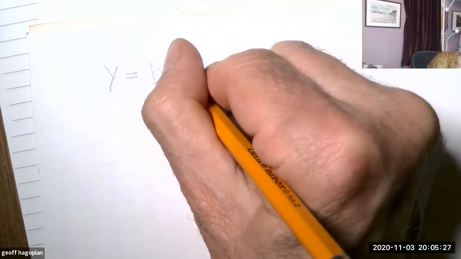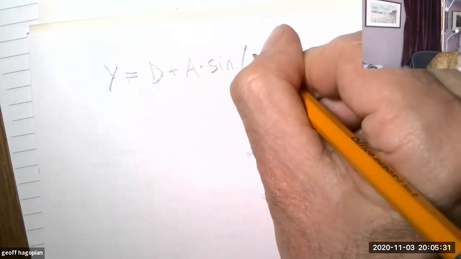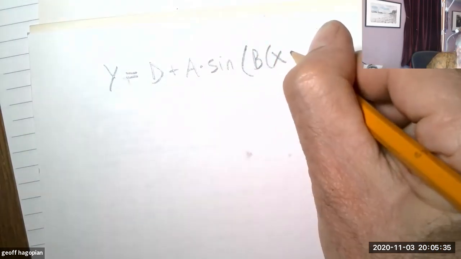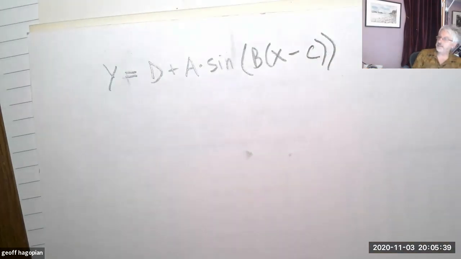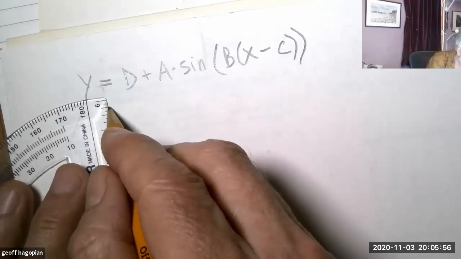D plus A times sine of B times X minus C, right? So I've got four parameters, A, B, C, and D. D is the line of equilibrium, A is the amplitude, 2 pi over B is the period, and the phase shift is C.